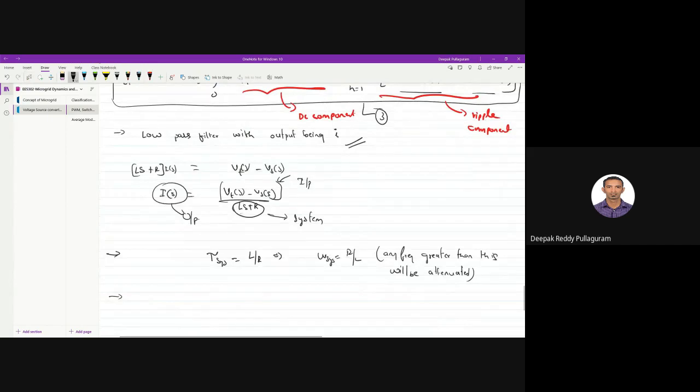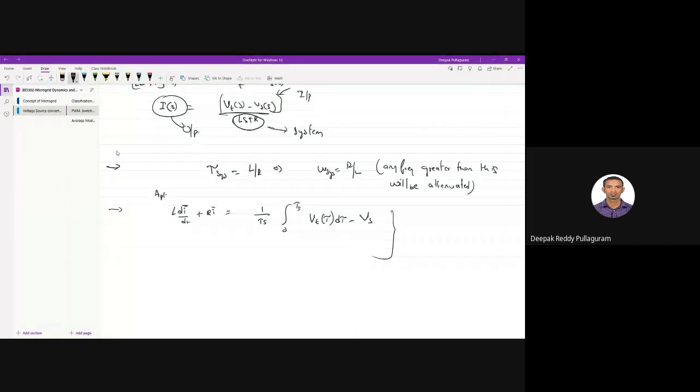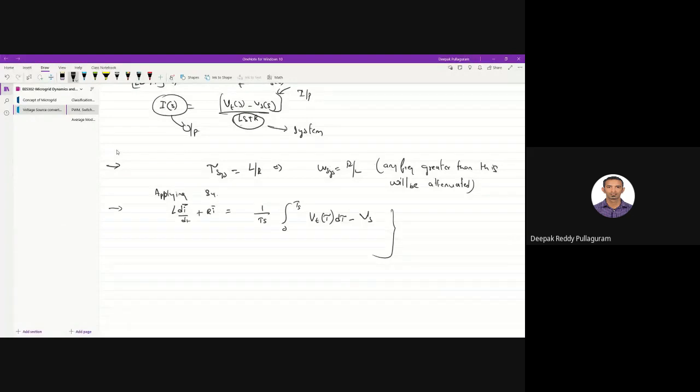For the DC component: L d I bar, where bar indicates DC, by dt, plus R I bar is equal to 1 by Ts, integral from 0 to Ts of Vt of tau d tau, minus Vs. This is the DC part, applying superposition, since the system is linear.